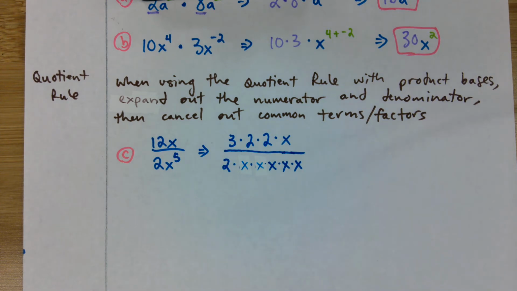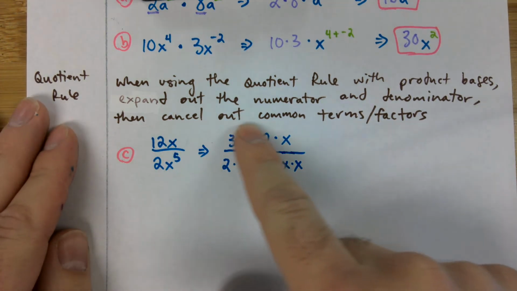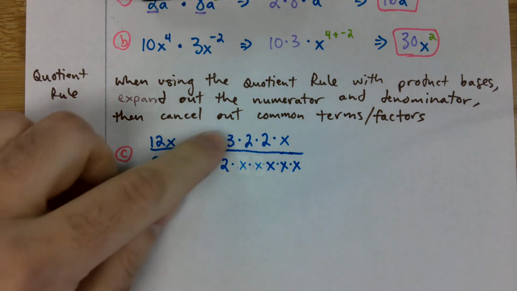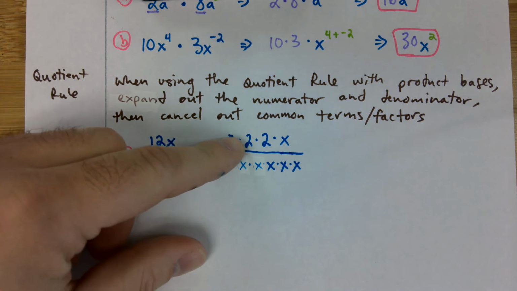Take a look at our numerator and denominator. Is there anything else we can split up? I'll take your silence as a no. That's correct. There's nothing else we can split up. All we have to do now is look for and cancel out common terms and factors. So, it looks like we've got a 3 on the top. Do we have a 3 on the bottom? No, we don't. We got a 2 on the top. Do we have a 2 on the bottom?